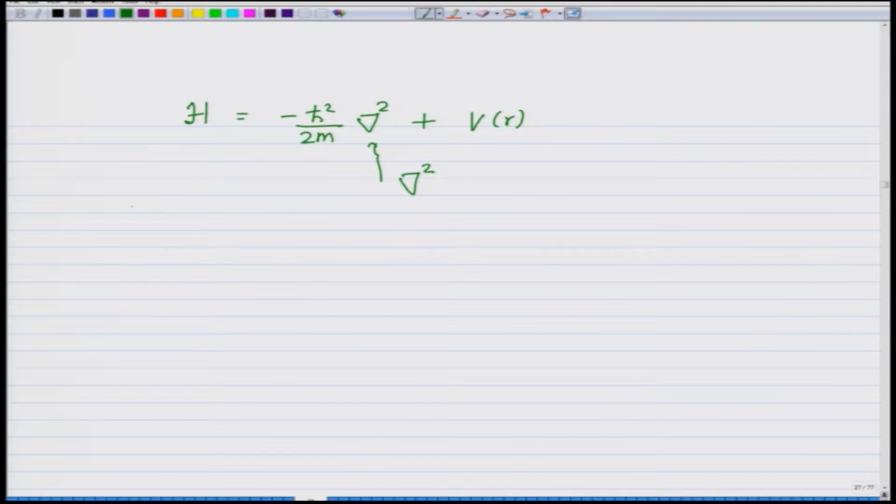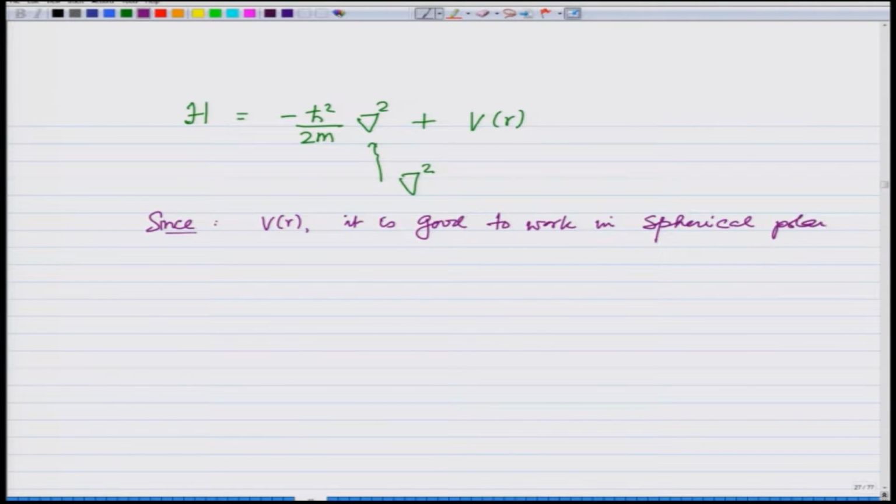And since V depends only on r, it is good to work in spherical polar coordinates. So, it will be a good idea for all of you who are going through these lectures to review your spherical polar coordinates.